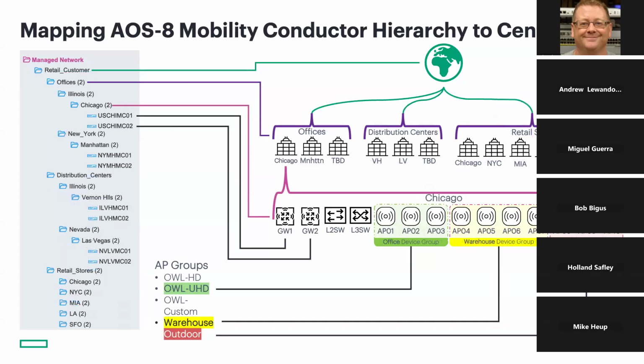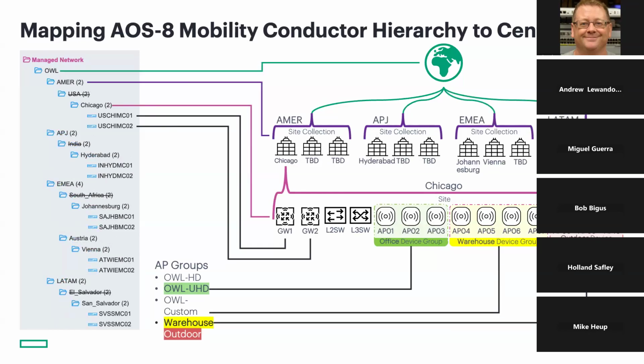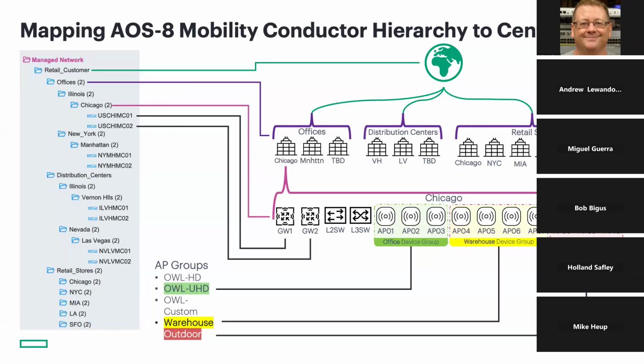So now if we change this, I'm quickly changing it, if you notice, look at the purple level with the site collections. Here I have global regions. This is an example enterprise customer. I'm going to switch it to an example retail customer where, instead of global regions, now you have offices, distribution centers, and retail stores.